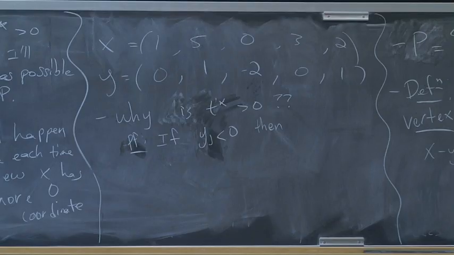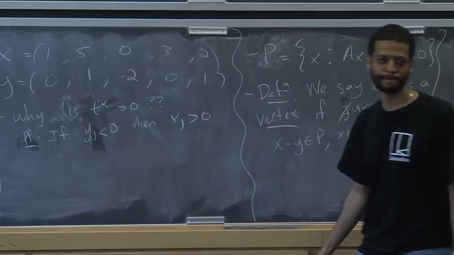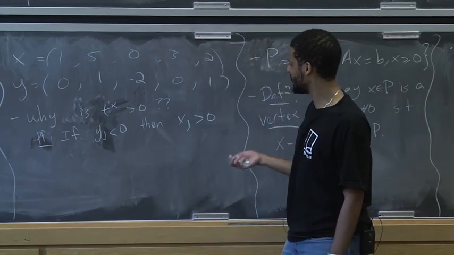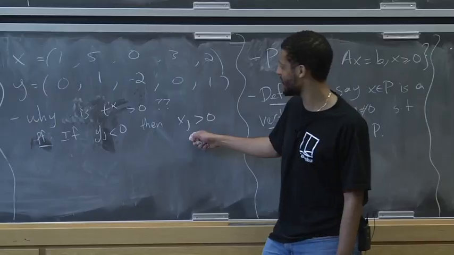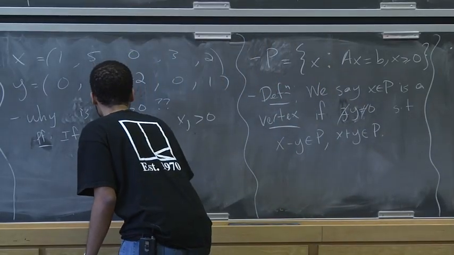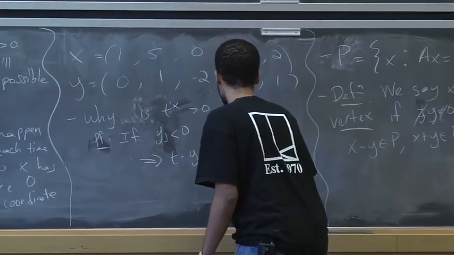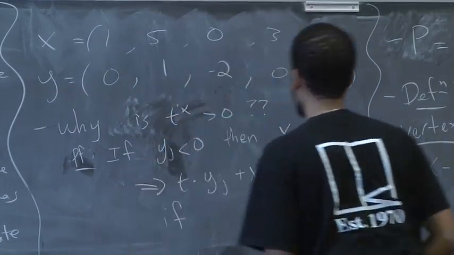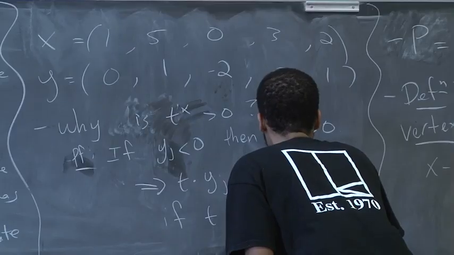But x is a feasible point, so it means it's positive. Then xj is strictly positive. So that means we can add t times y and still keep this positive. So for example, this implies that t times yj plus xj is still strictly positive if, now you just write an inequality, if t is at least minus xj over yj.